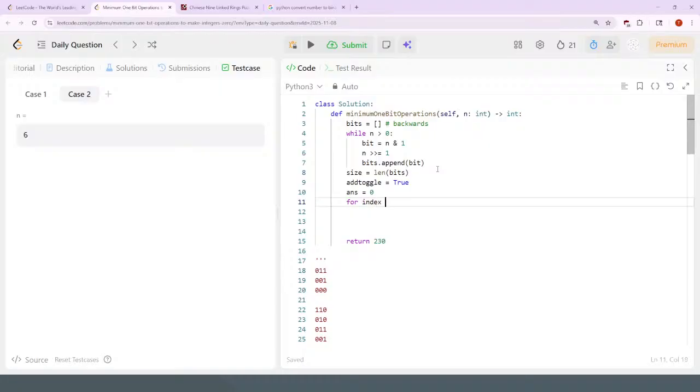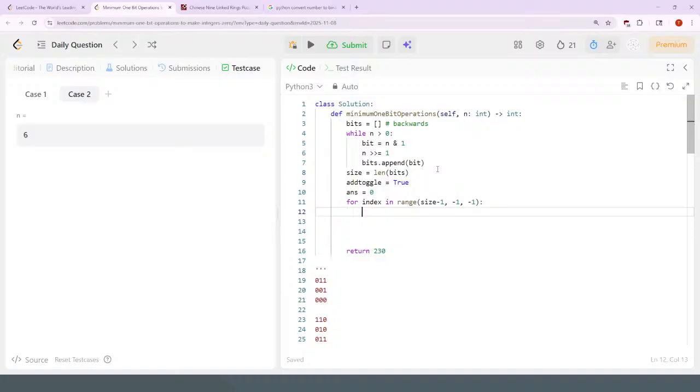So for index in range size minus 1, -1, -1. So decrementing it. Answer should increase.